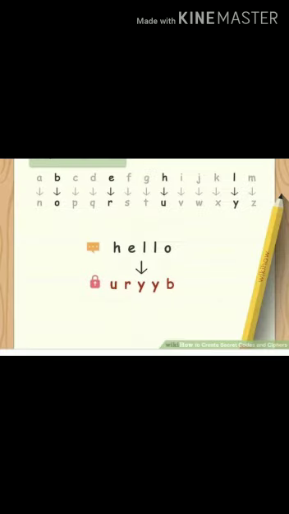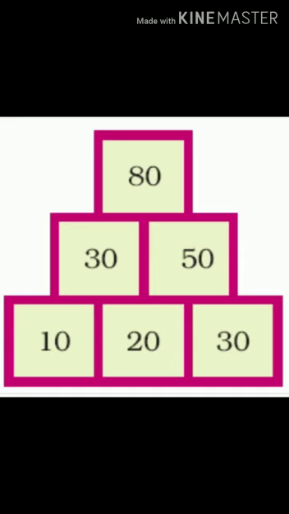Fourth is secret codes. It is a method of writing messages used for transmitting messages requiring secrecy. And fifth, patterns are used in different manners to make number towers.